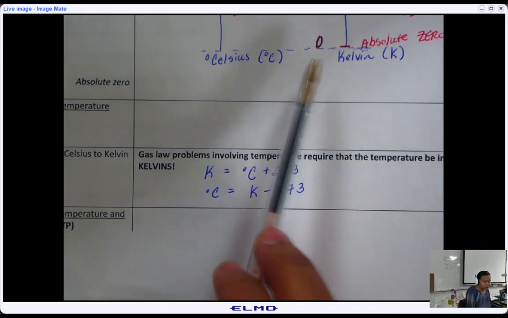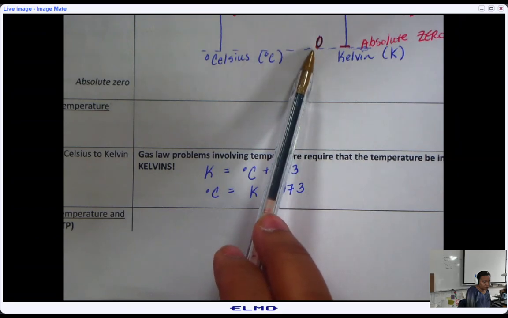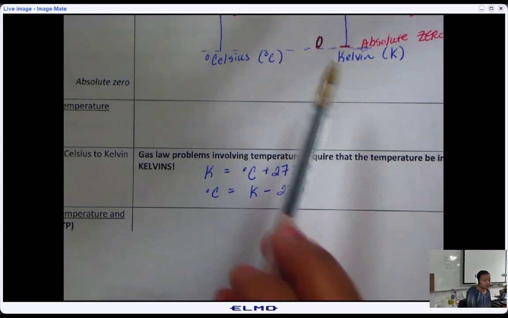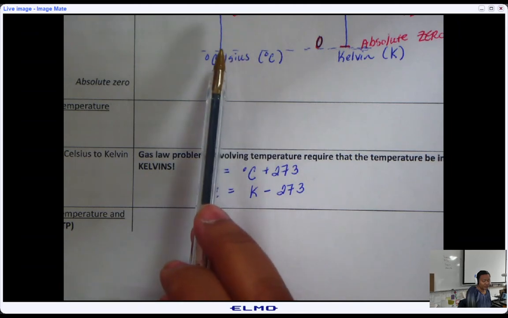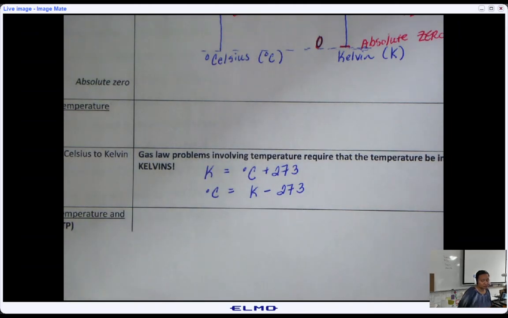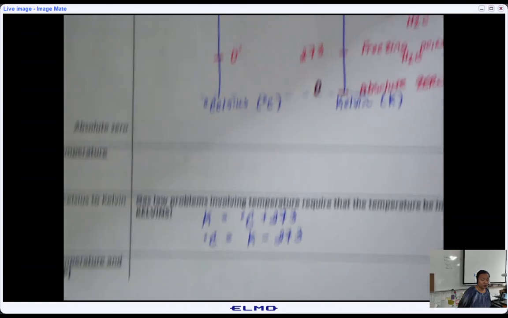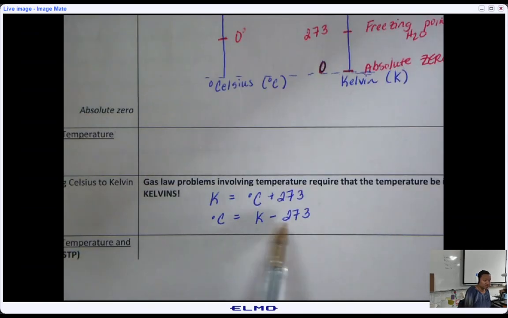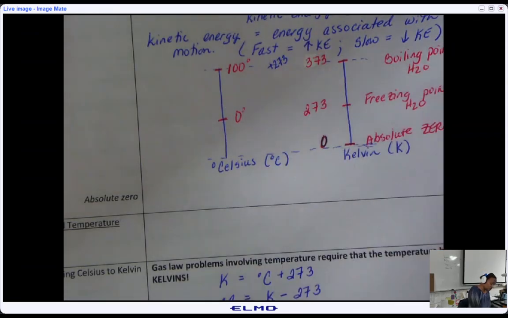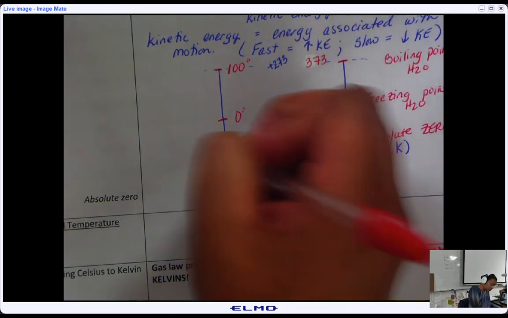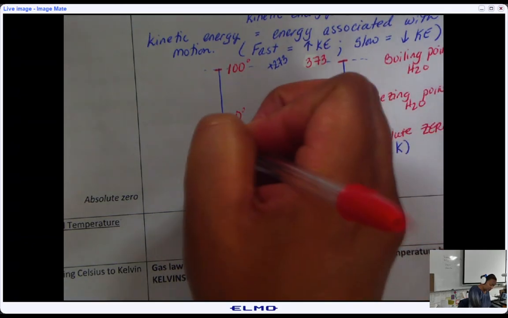You have Kelvin is 0 Kelvin. Put your answer in the chat, please. What would the temperature be in Celsius? Good. It's going to be a negative 273 because it's 0 minus 273 equals a negative 273. So on the Celsius scale, again, that is negative 273.